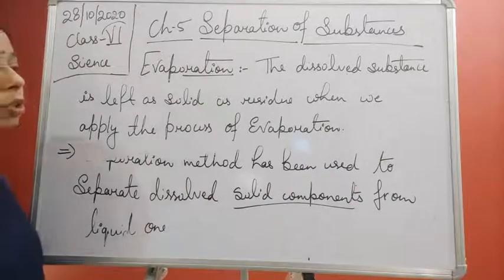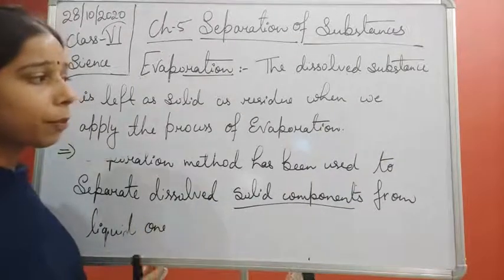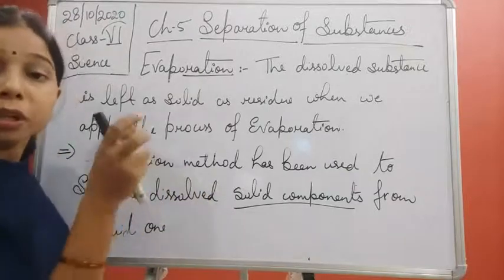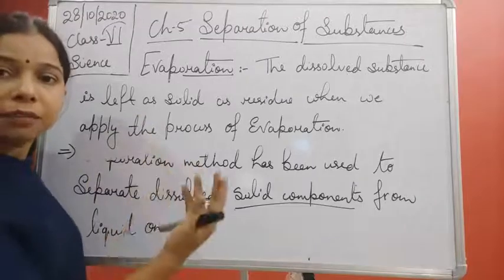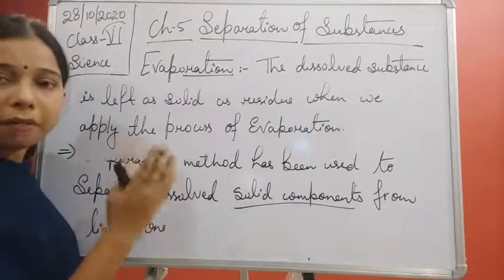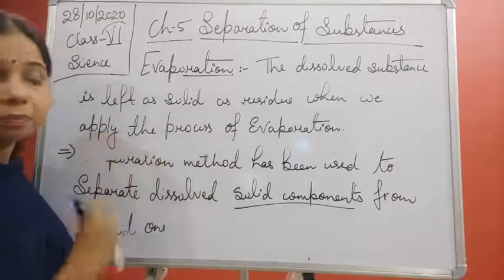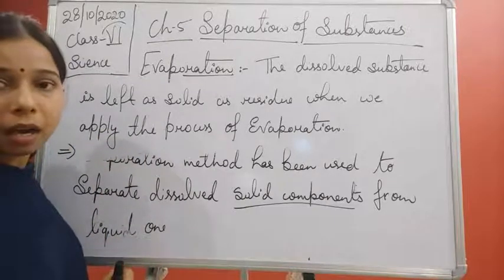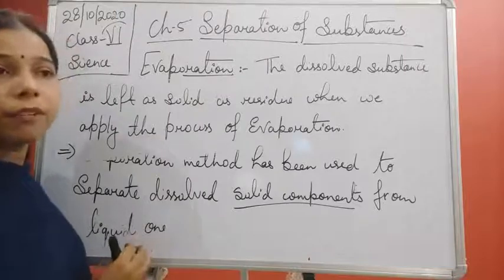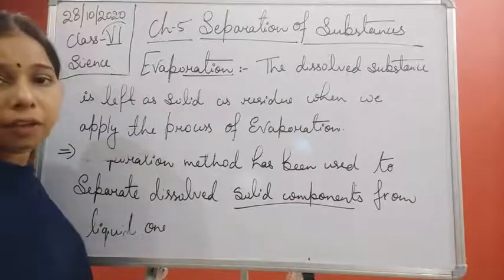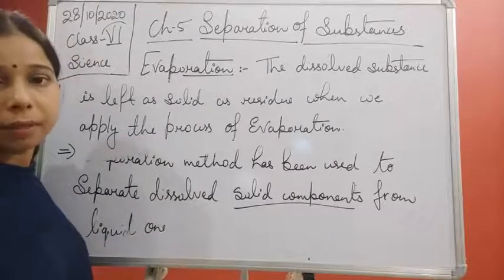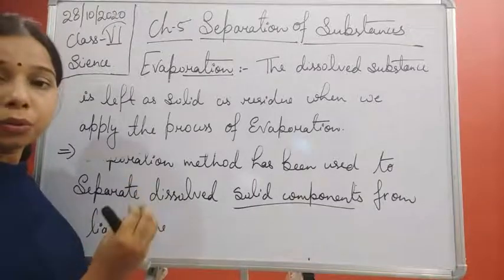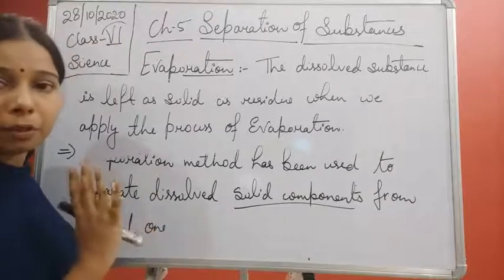Basically, you see student, what happens in the process of evaporation? The water gets converted into water vapor. Okay, so the liquid one will get converted into water vapor, and finally you will get the solid one. Now, how can this process of evaporation be carried out? There are some liquids which evaporate easily even if you simply keep them open in the atmosphere. Due to the low boiling point, they get evaporated, like petrol.